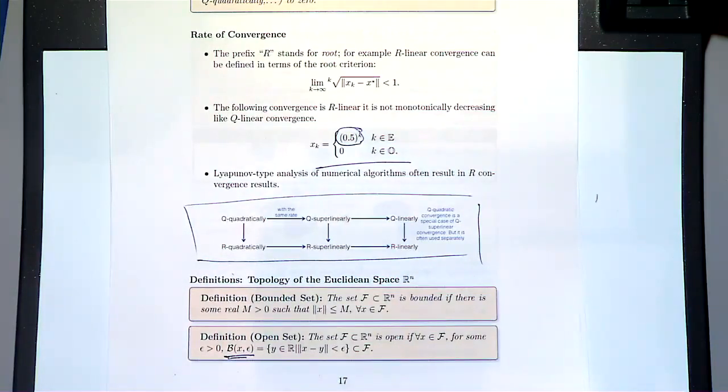So if it is a Euclidean norm, it is some hypersphere. I call a set open if I pick any element of that particular set, I can always find some radius for my ball such that the whole ball remains inside set F. Doesn't matter how small that radius is, it always exists.